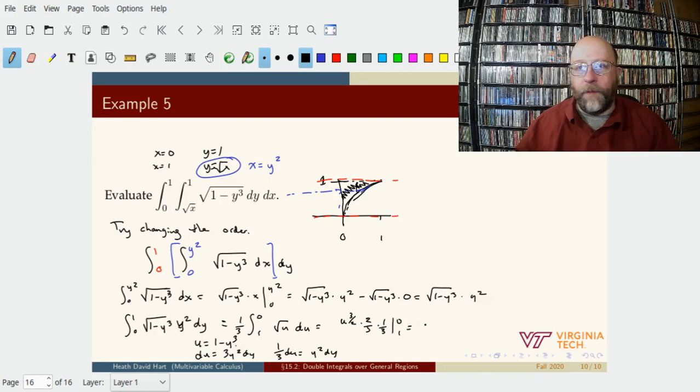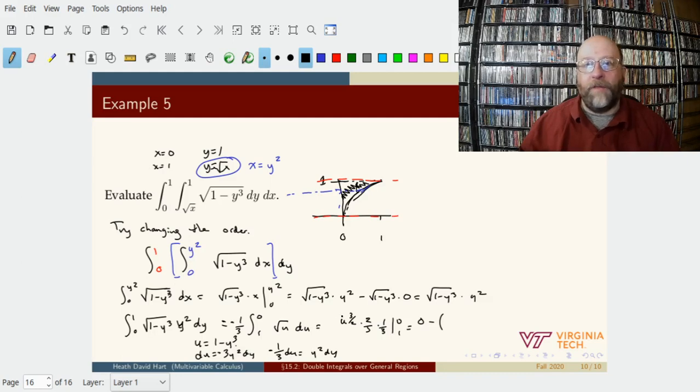Let's see what we get. We get 0 minus... there's a negative sign here that I've dropped. If u is 1 minus y cubed, du is negative 3y squared dy, so there's a negative 1/3.